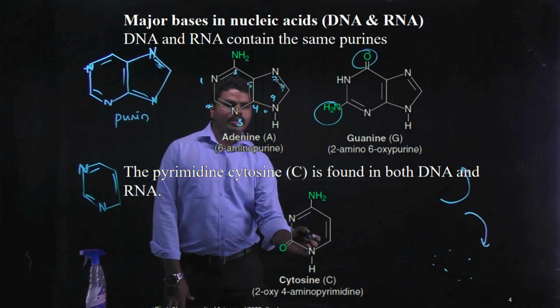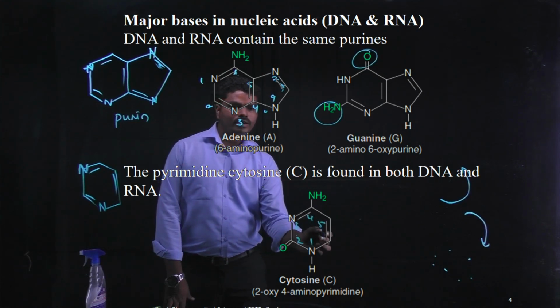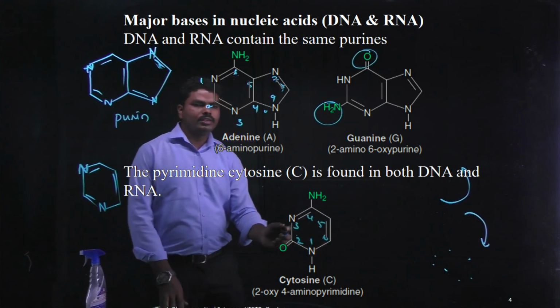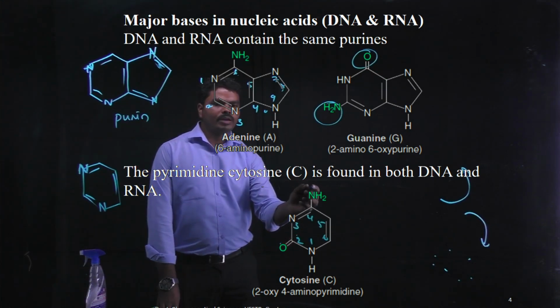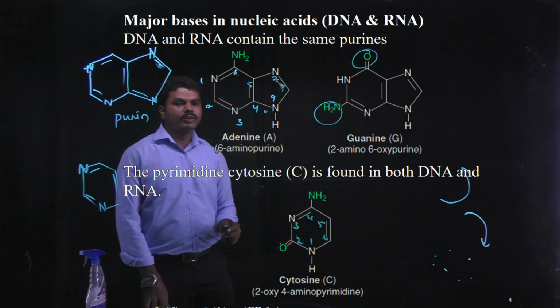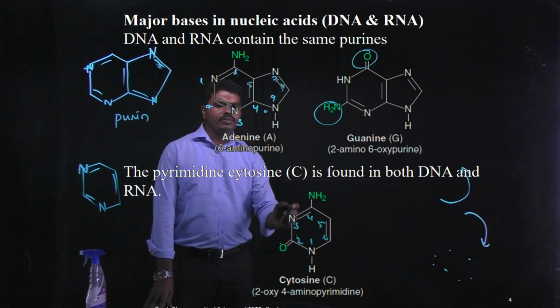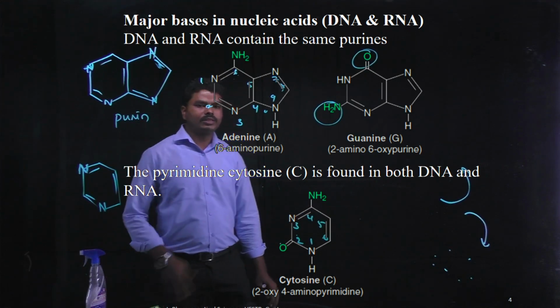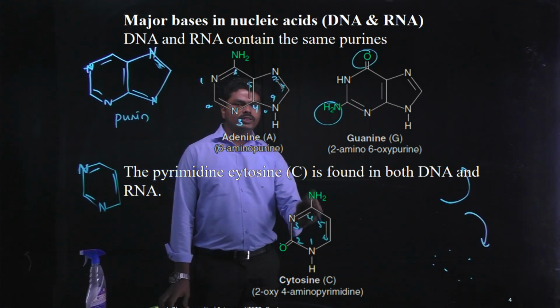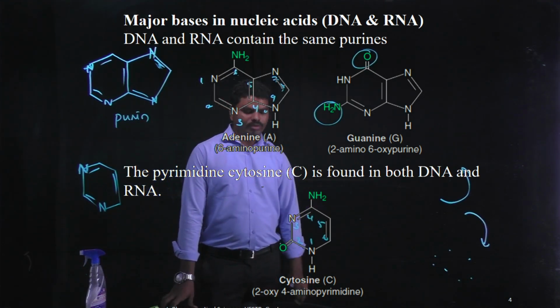When it is numbered, it goes in a clockwise direction: 1, 2, 3, 4, 5 and 6. So at the 2nd position there is a carboxyl group, and at the 4th position an amine group is attached to this pyrimidine ring. So 2-oxy-4-aminopyrimidine is also called cytosine. This is the pyrimidine moiety which is present in both DNA and RNA structure.